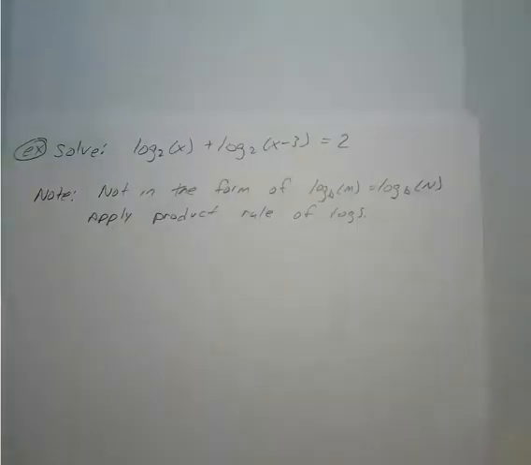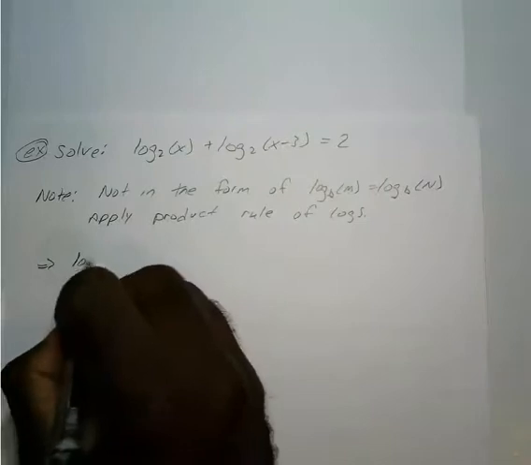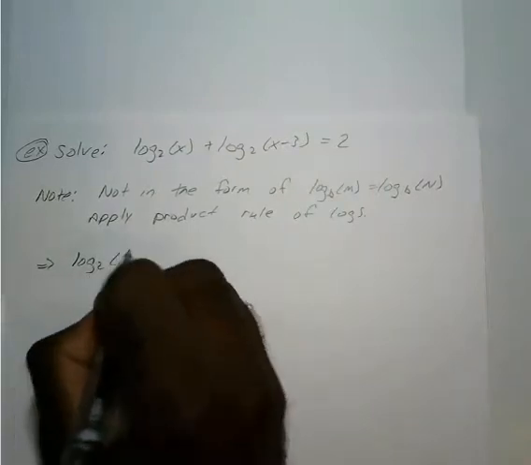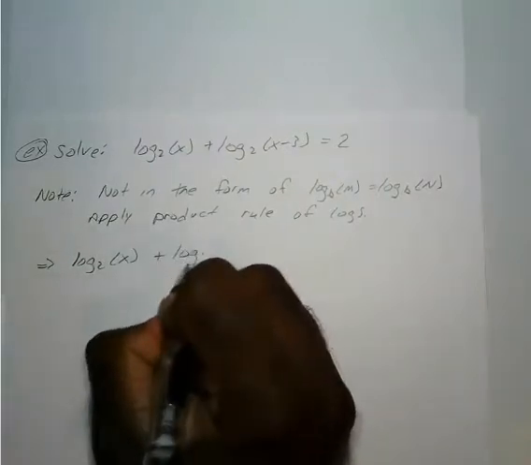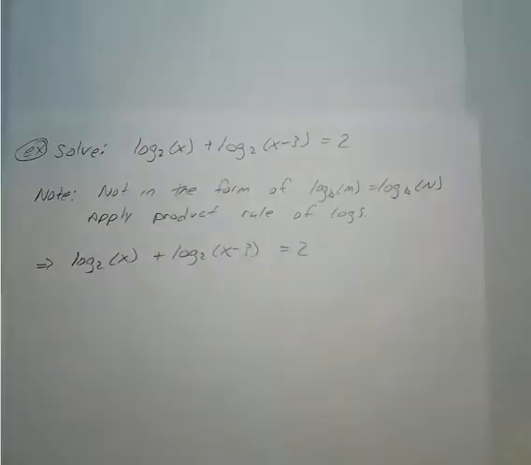Okay, so if we apply the product rule of logarithms, we see that log base 2, I'm just going to rewrite it, plus log base 2 of x minus 3 equals 2.